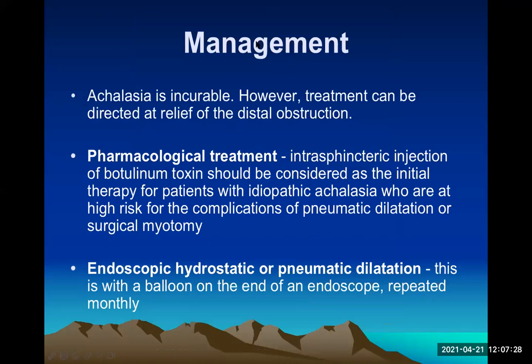Now let's move on. What is the treatment of achalasia? What type of management can we go for? Achalasia is an incurable condition because those ganglion cells, the Auerbach or myenteric plexus, which are absent cannot be replaced there again. That's why it is written as incurable.